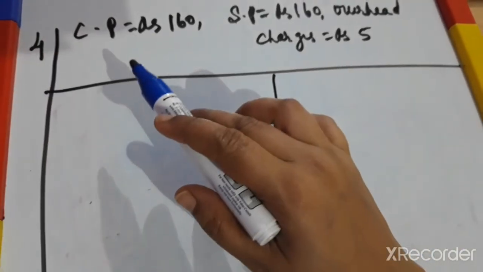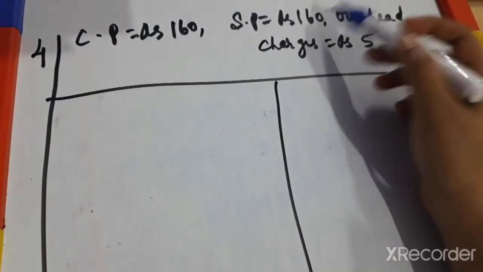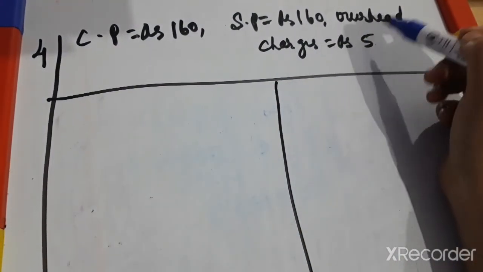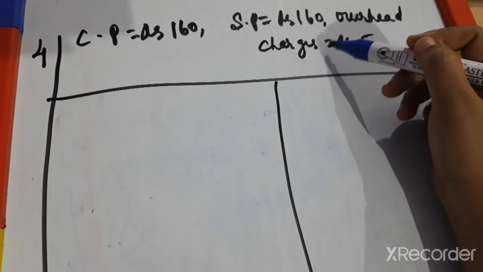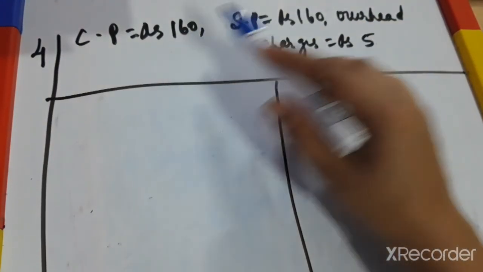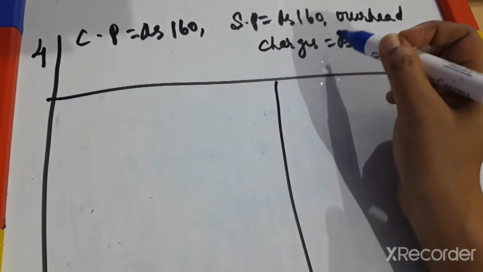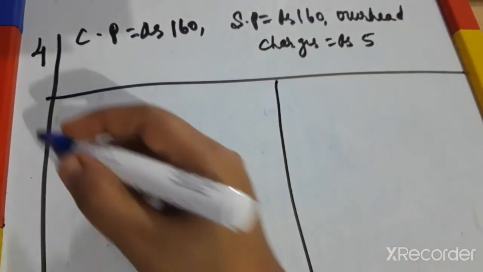Now the fourth question: cost price is rupees 160 and selling price is 160. Overhead charges is 5. Overhead charges or a repair amount we always have to add to the cost price. If there are any overhead charges or repair amount, we add them to the cost price only.